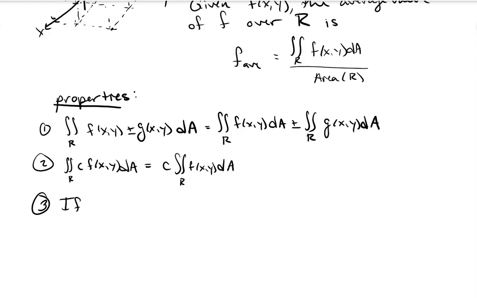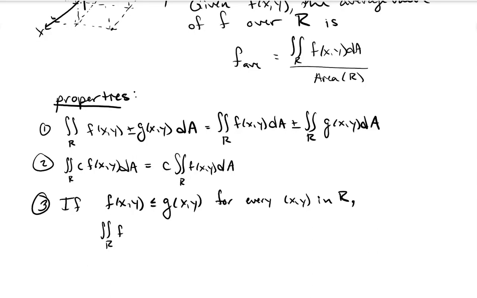It says if two functions have a strict order, one of them is always bigger than the other for every point (x, y) in the region of integration, then after you integrate those over the region, the same inequality holds.